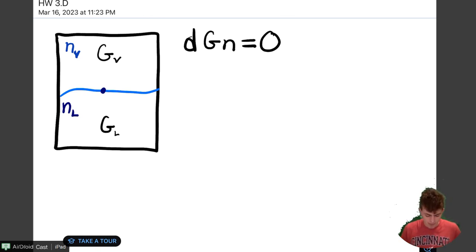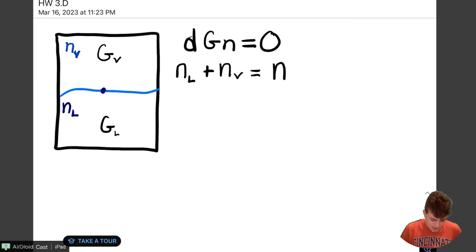Similarly, this may seem obvious, however, we need to discuss that the moles of the liquid plus the moles of the vapor of this component will equal the total moles of the component. Now, sometimes this is put in parentheses, so I'll go ahead and put this in parentheses here.